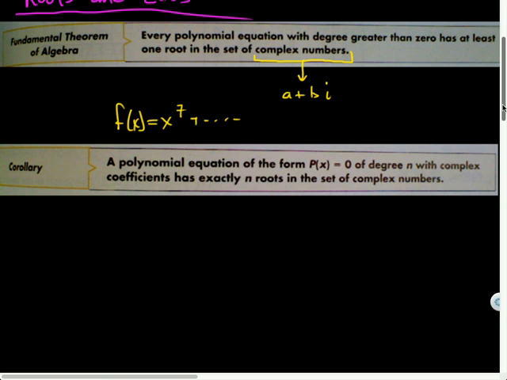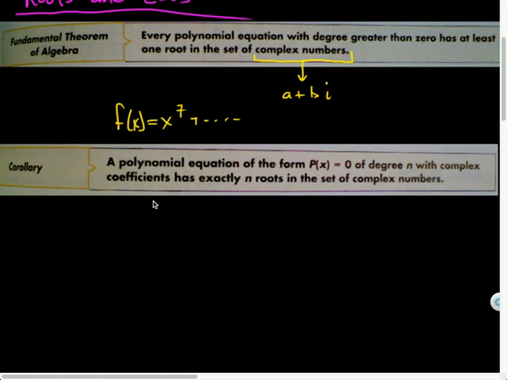So it says a polynomial equation of the form p of x equals 0 of degree n with complex coefficients has exactly n roots in the set of complex numbers. Where the fundamental theorem of algebra was vague, saying there's at least one, this says, tell you what, I can one-up you, fundamental theorem of algebra. There are exactly n roots, and they're all complex.